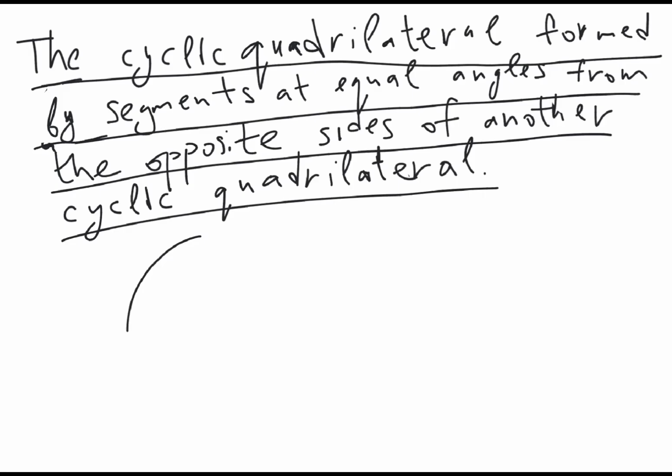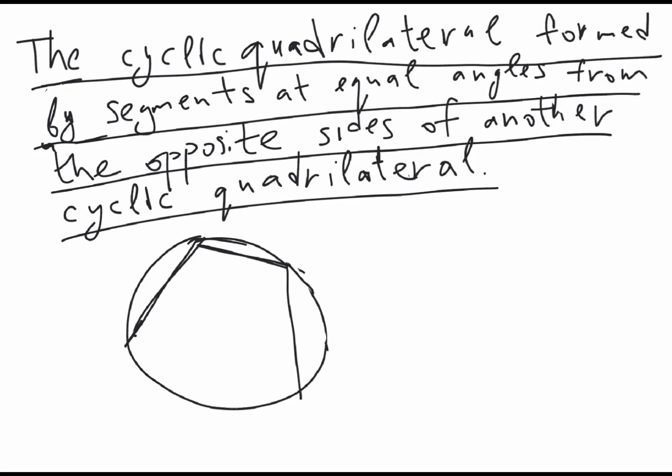Cyclic means that it's inscribed in a circle, so there exists a circle that passes through all four vertices of this quadrilateral. So let's say something like this.